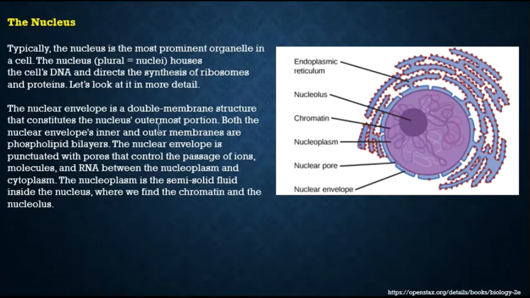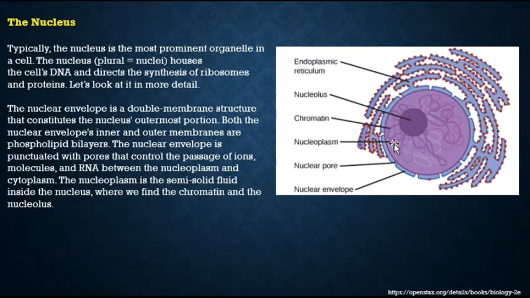Now comes the nucleus, the basic signature of a eukaryote cell. Typically, the nucleus is the most prominent organelle in a cell. Even if you look at a cell in the microscope, the nucleus would be very visible to you. The nucleus houses the cell's DNA and directs the synthesis of ribosomes and proteins.